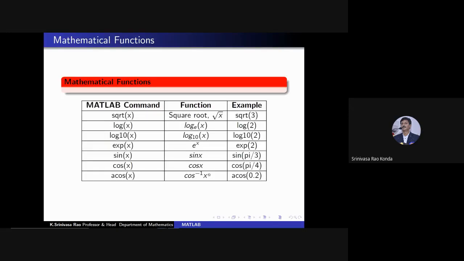These are the inbuilt mathematical functions. If you want to find the square root of a number, you have to give sqrt of x. If you want the natural logarithm, log x to the base e, you have to give log of x. If you want log x to the base 10, you have to give log10 of x.